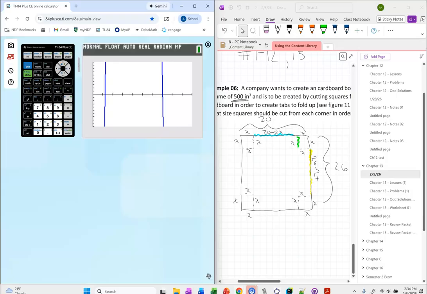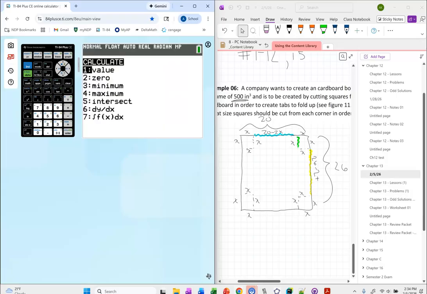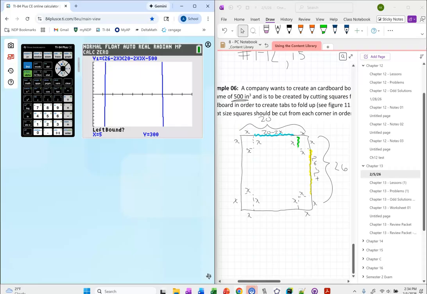There's 2 crosses. So let's find those. Second trace, 0 command. My left bound I need over here. So that looks like 1. I need the x here to be less than 1, so I'm going to keep pressing. Notice my cursor's off the screen somewhere.